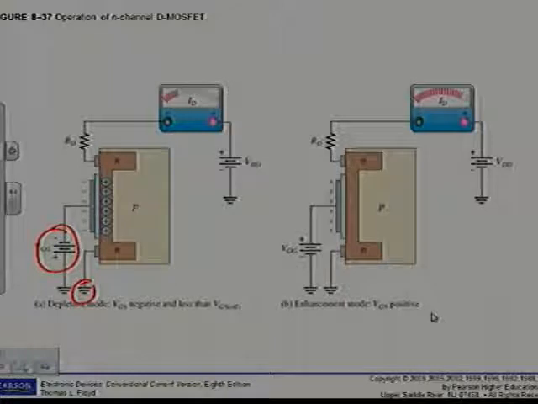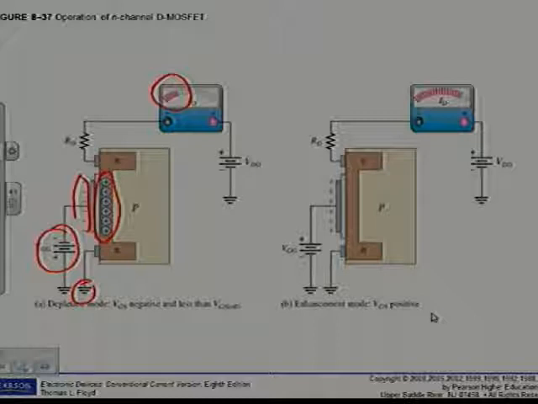When I apply a negative voltage, I will have electrons on the outside, like a capacitor, and positive charge in my channel. I will have a current flow, but that will be a small current flow. You can see ID is quite small in that case.